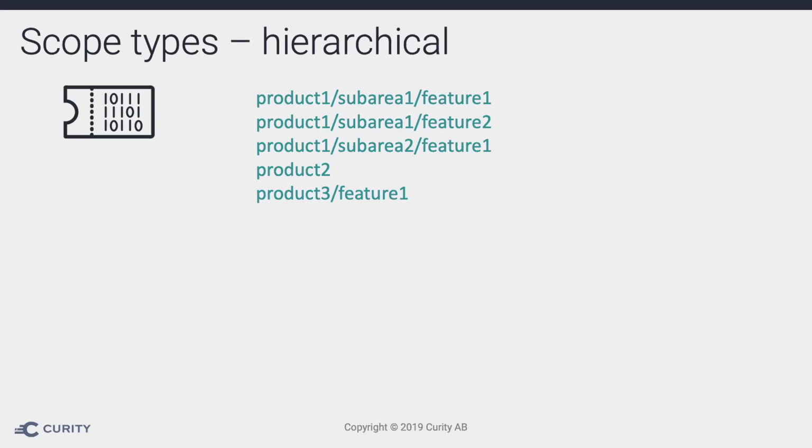So product, sub area, feature 1 means exactly this operation, and product 2 means all operations for all sub areas under product 2. This could mean that we can lower the number of scopes, but we still have a scope that is tied to a specific feature. And every time we update a feature, we might need to update the OAuth server to set up new scopes.